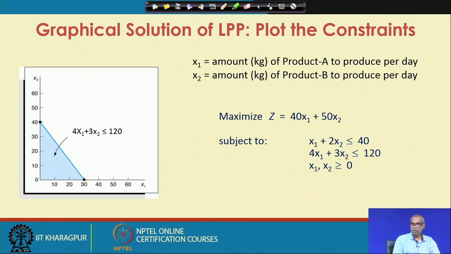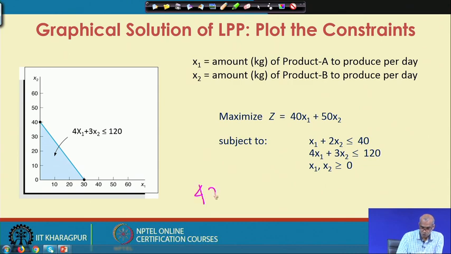Next, go to the second constraint, 4x1 plus 3x2 is less or equal to 120. Again, I plot 4x1 plus 3x2 equal to 120. I treat the inequality as equality and plot it. So, again it is very simple to plot.